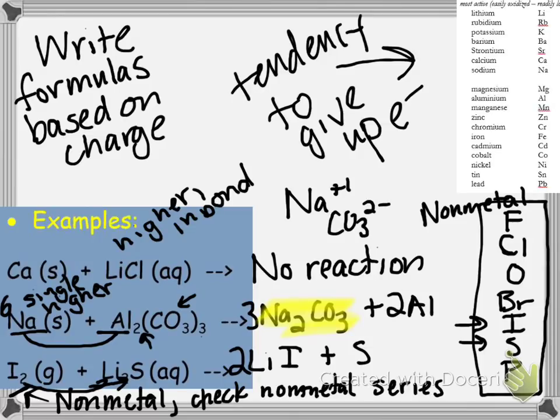So to have the correct proportion, I had to have 2 Nas to cancel out the -2 CO3. Once you have the correct formulas, then you can balance the equation. Don't be tempted to carry subscripts across from other places.